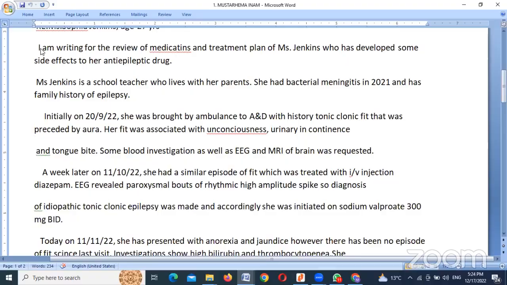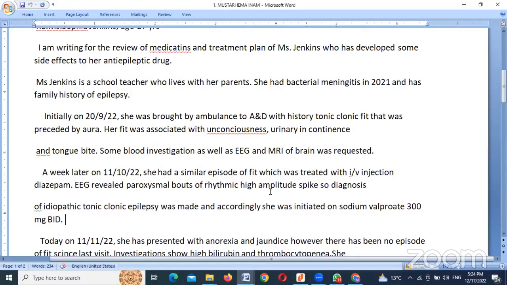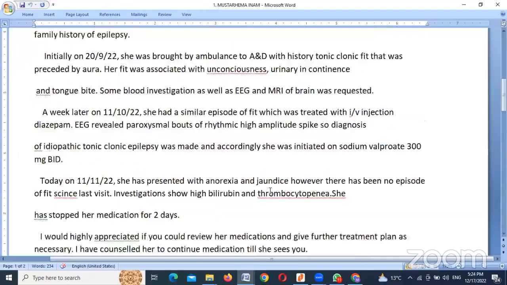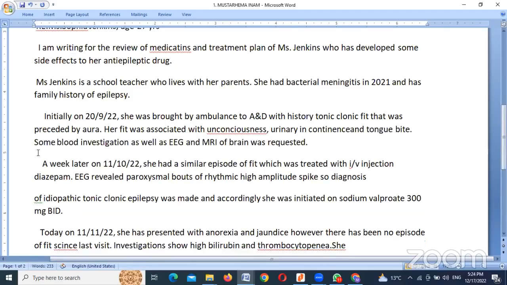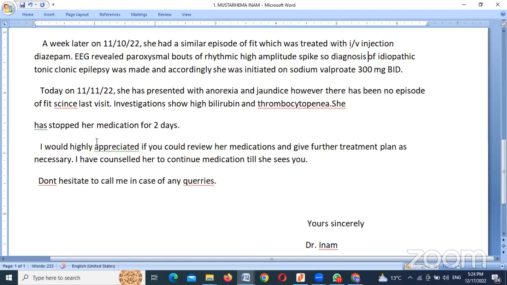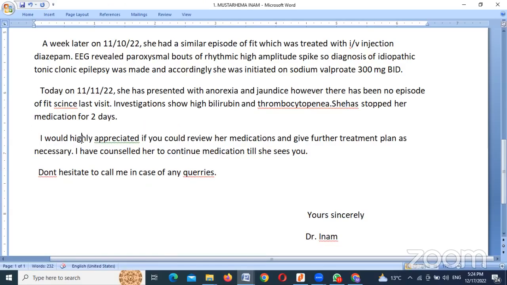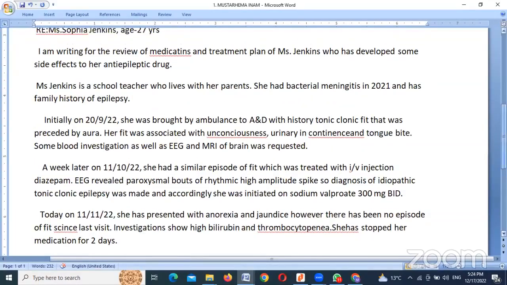First, I will see the word count. The paragraphing looks a little bit off, but as you have written it on WhatsApp, that is why it looks like this. So this is the conclusion, this is the purpose, okay?